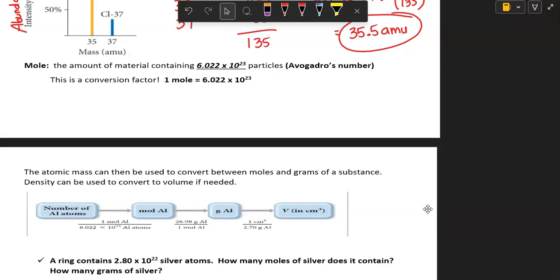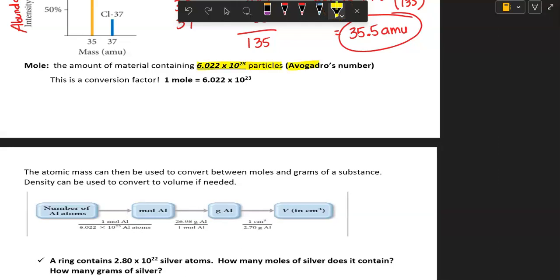The mole is a way of signifying a certain number of particles, and it can be anything. It can be atoms, molecules, protons, electrons, eggs, people, money. It doesn't matter, okay? So the mole means 6.022 times 10 to the 23rd particles.